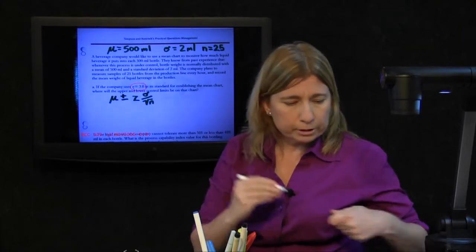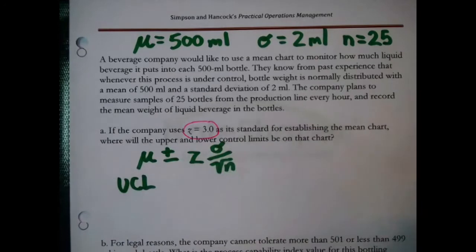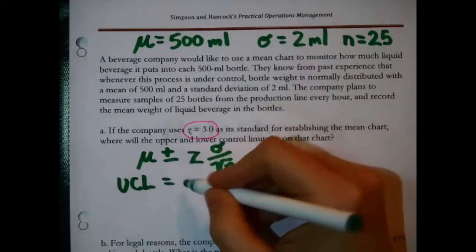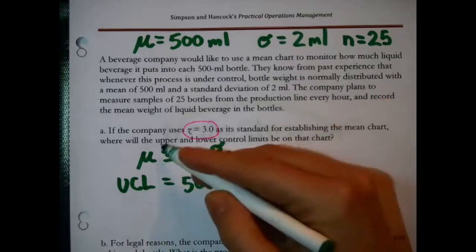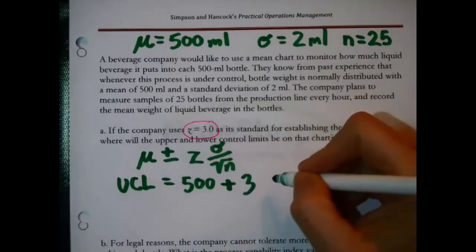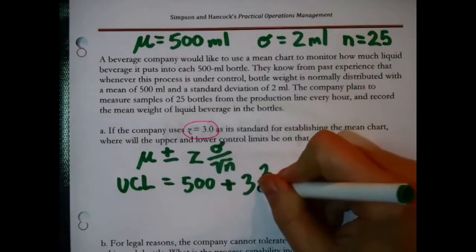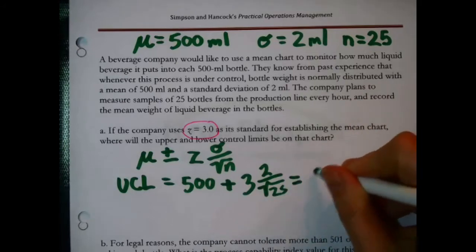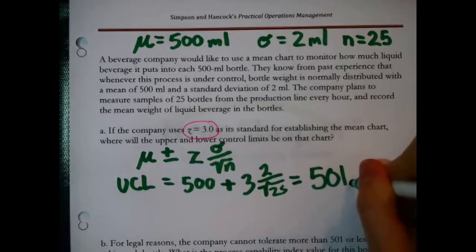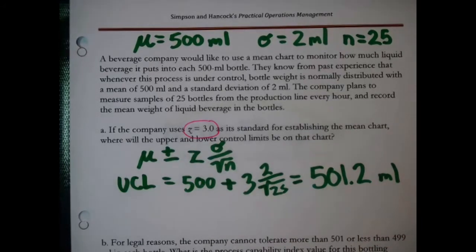For instance, the upper control limit, UCL, would be mu, or 500 in our case, plus 3 times sigma, which is 2, divided by the square root of 25, which results in 501.2 milliliters. That's the upper control limit.